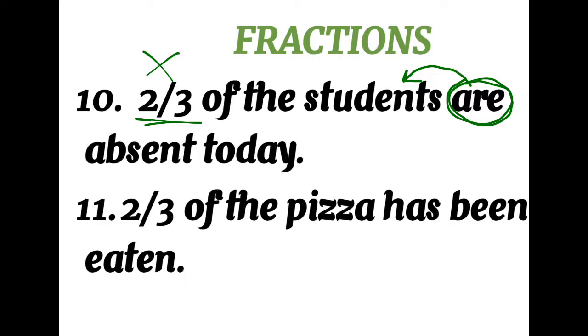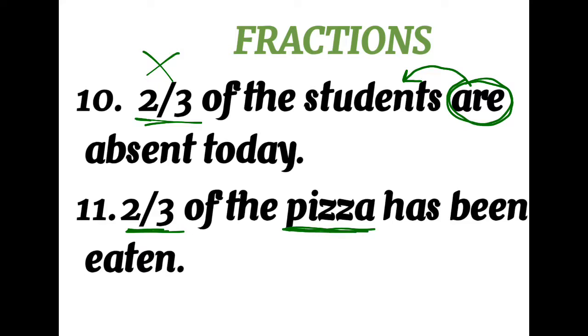It is unknown whether this fraction is of some countable noun or uncountable noun. Here, this fraction is of something that is countable. Students are countable. But in the very next sentence, the same fraction is of something that is uncountable: pizza.